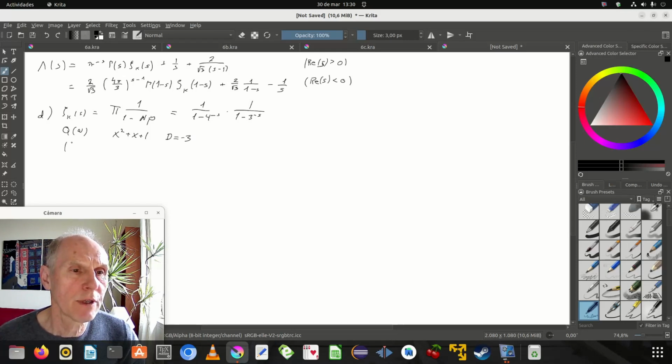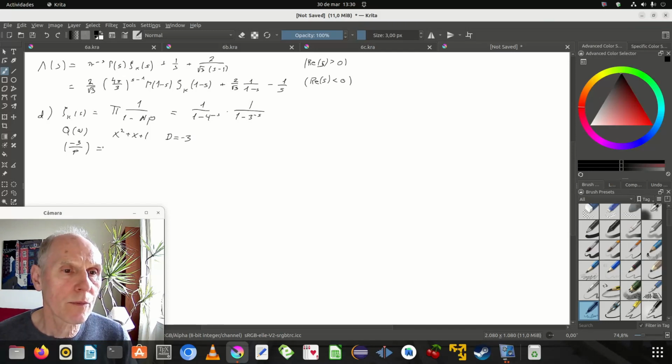So the question is whether the prime is a square modulo 3. Why is that so? No, whether minus 3 is a square modulo p. So that's the answer to that. And it's minus 1 over p times 3 over p.